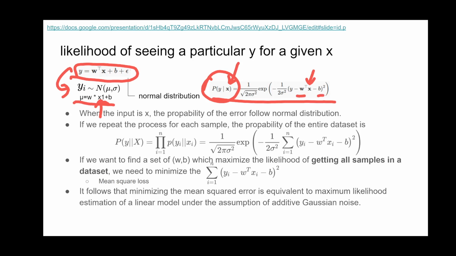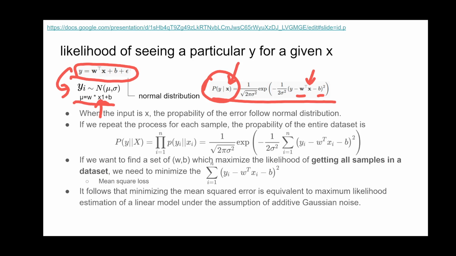Those two numbers can be decided by the historical data. So the question is how could we find a set of w and b which can maximize the probability of getting the data set?